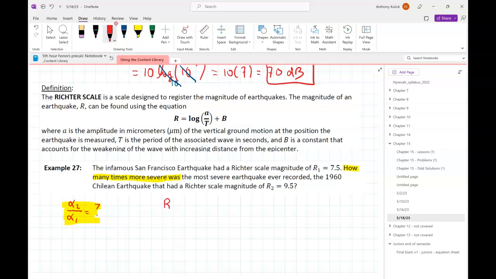So we know that we can do that, right? We can write a separate equation for each of these.